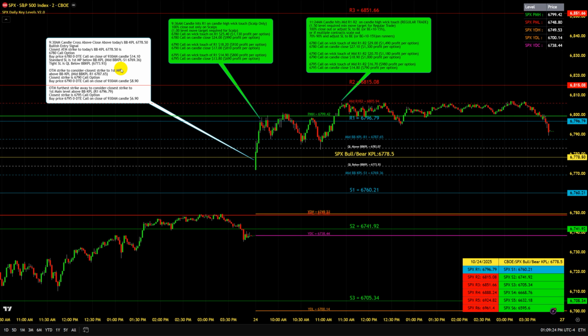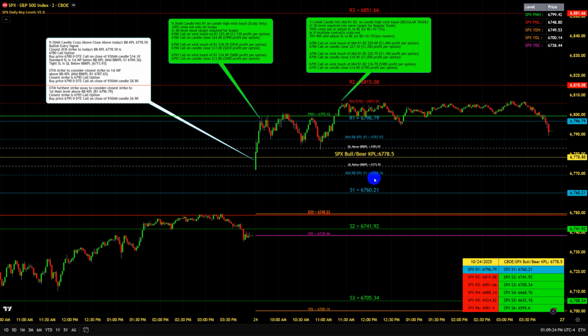So on any given trade that you have with this indicator, regardless if you're taking a trade that's triggered by the bull bear key price level, or if you're taking a trade later on in the session, whether it's a bullish or bearish trade off of any of the other main R and S levels, which with this indicator you can take trades off of any of the main levels, which the main levels are the bull bear key price level and the R1 through R6 levels and the S1 through S6 levels.